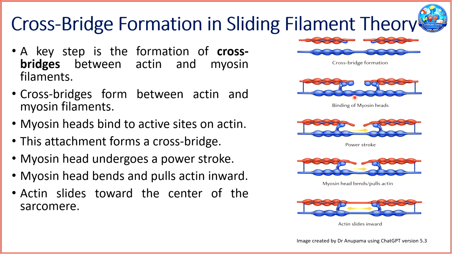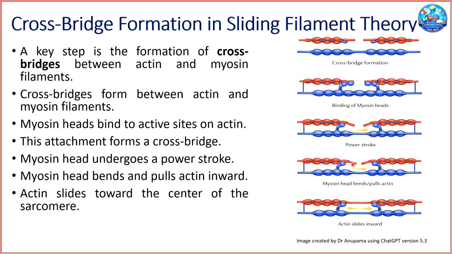Once formed, the myosin heads undergo conformational changes, and this we call the power stroke. During this step, the myosin heads bend and pull the actin filament towards the center of the sarcomere.